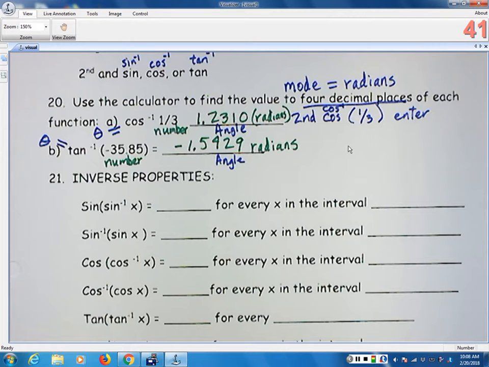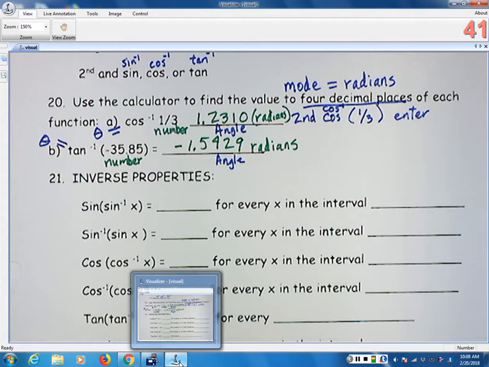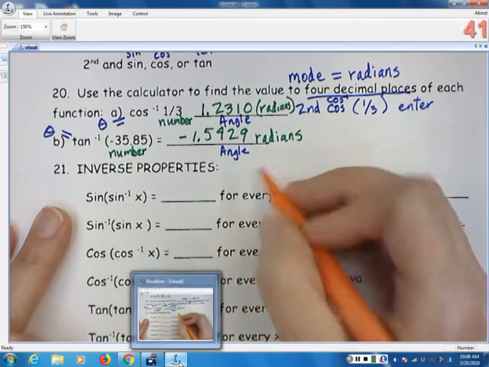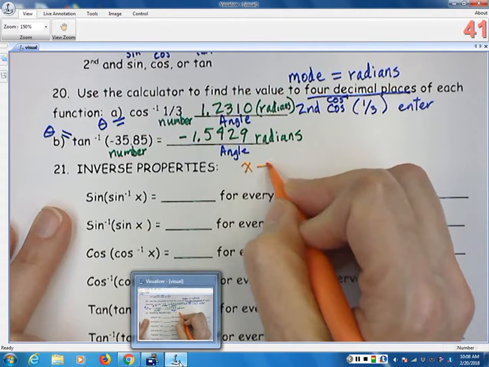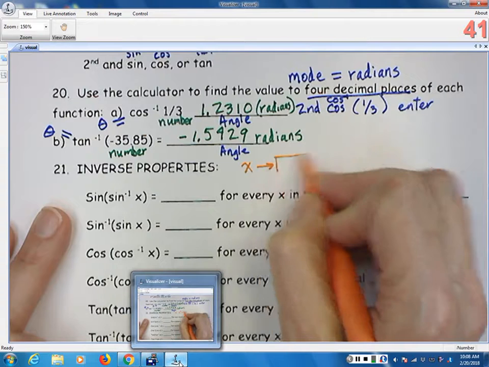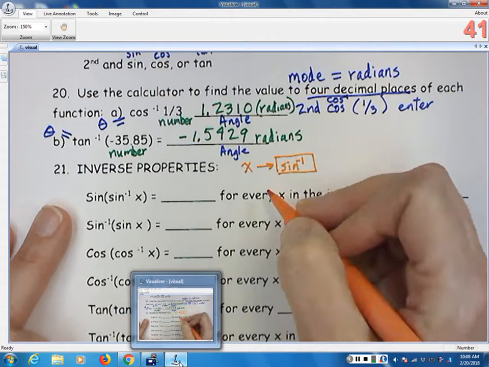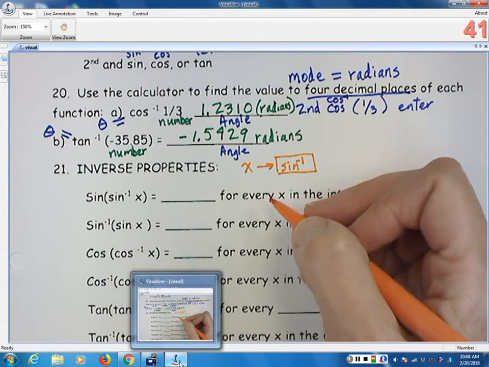Okay, so the inverse properties, let's go over those, and I've drawn some nice pictures here. So we've got x going into sine inverse, or inverse sine.